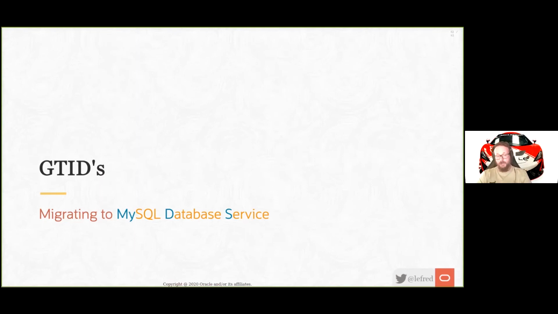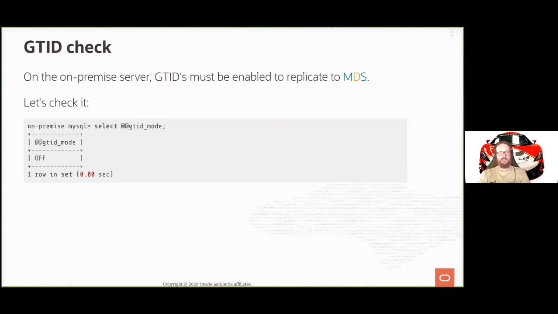I don't know if a lot of people are still using replication with GTIDs, but if you want to migrate to MDS, you will need GTID enabled. So let's have a look. This is how you check: select the global variable gtid_mode. You can see that my on-prem machine was not using GTID.